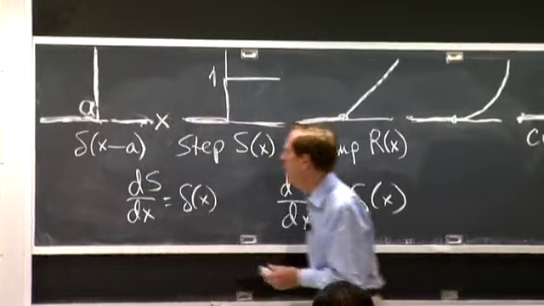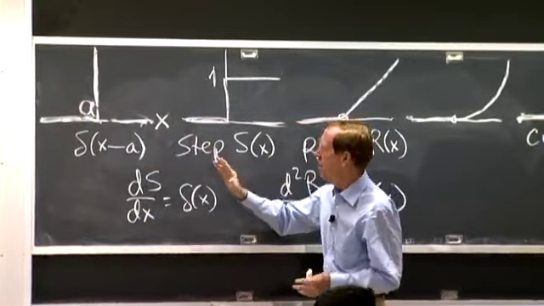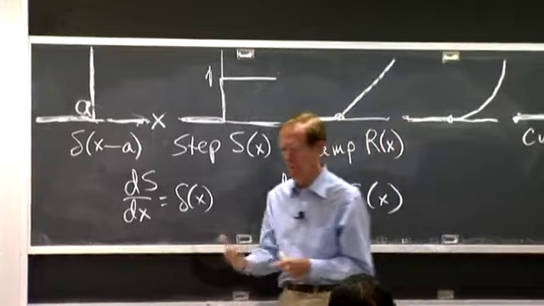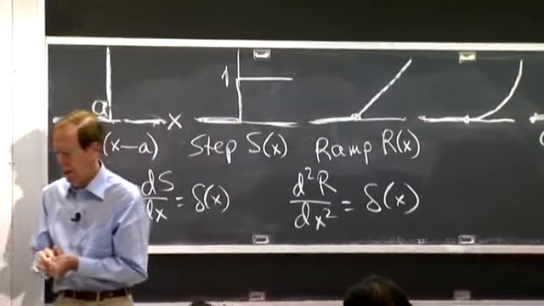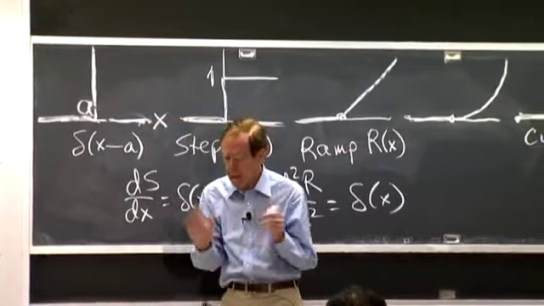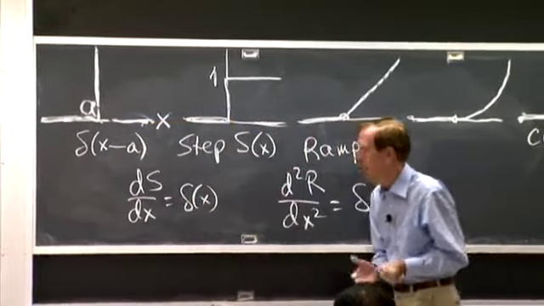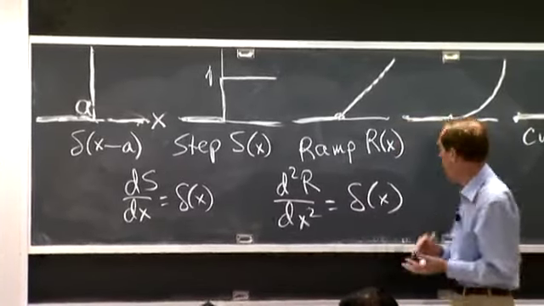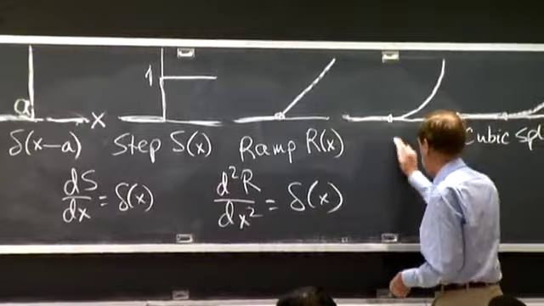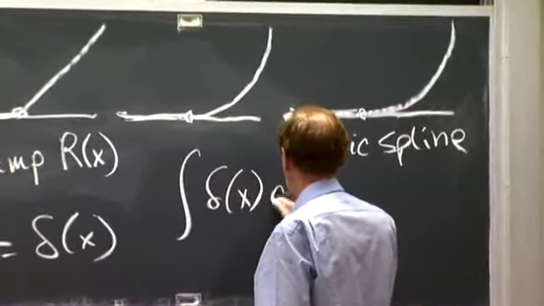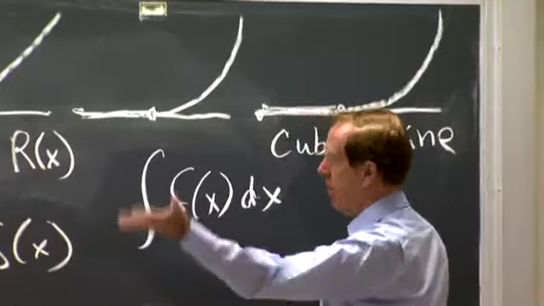And now I want to integrate it. And that's when a delta function comes into its own. Its value of infinity is a little bit uncertain. What does that mean? But when we integrate it, what's the key fact about delta functions? Let's integrate the whole thing.